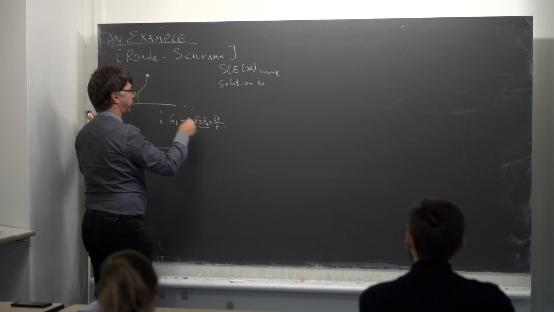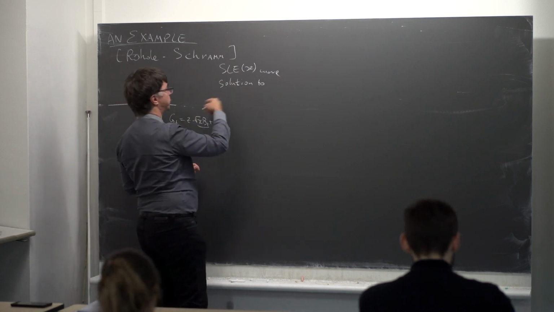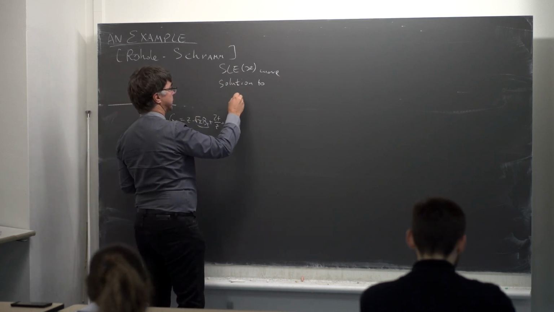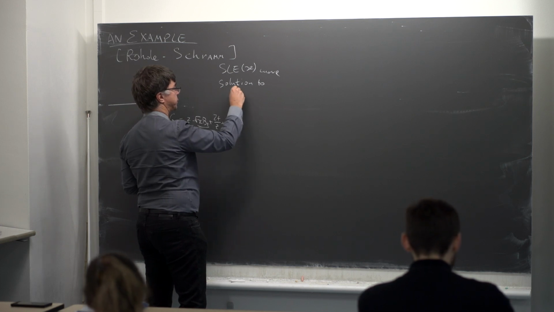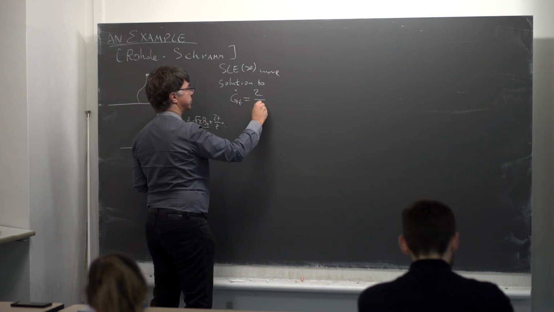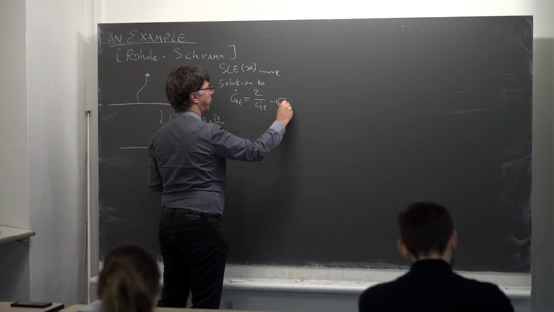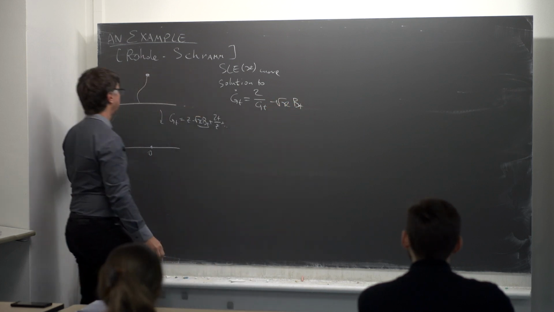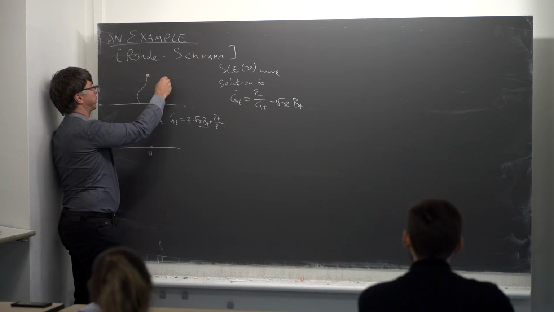So the driving term is Brownian motion in this case. It's a solution to the equation: the time derivative of GT is 2 over GT minus square root of kappa times the derivative of Brownian motion. So it's some random curve. And let's fix a point z.